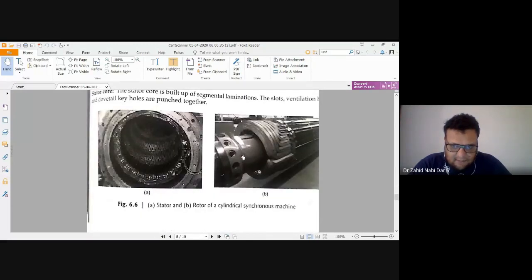In a synchronous generator, we cannot give electrical supply. Why? We need to give mechanical supply because it's a generator. Our input is mechanical, and output is electrical. So basically in a synchronous generator, the rotor is firstly excited by what?